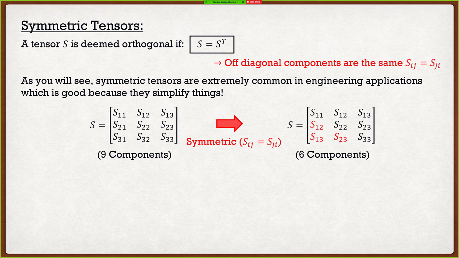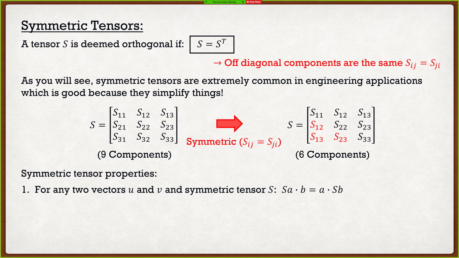That actually makes our lives a lot easier. And once we start dealing with constitutive relationships, which is the relationship between stress and strain, this will make a very big difference, the fact that both our strain tensor as well as our stress tensor are symmetric tensors. So a little spoiler alert of what's to come. All right, so symmetric tensors also have some properties.